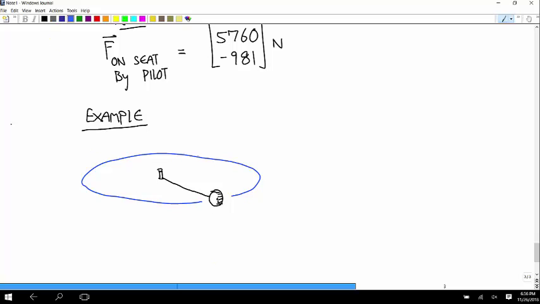And let's say that there are two things going on. It's attached to that string that's keeping it rolling in a circular path. And it's also rolling along like a glass, low friction surface.